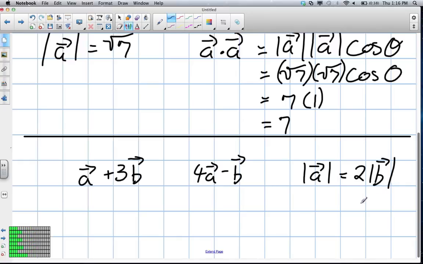It says determine the angle between the two non-zero vectors A and B. So we're looking for the angle between vectors A and B.